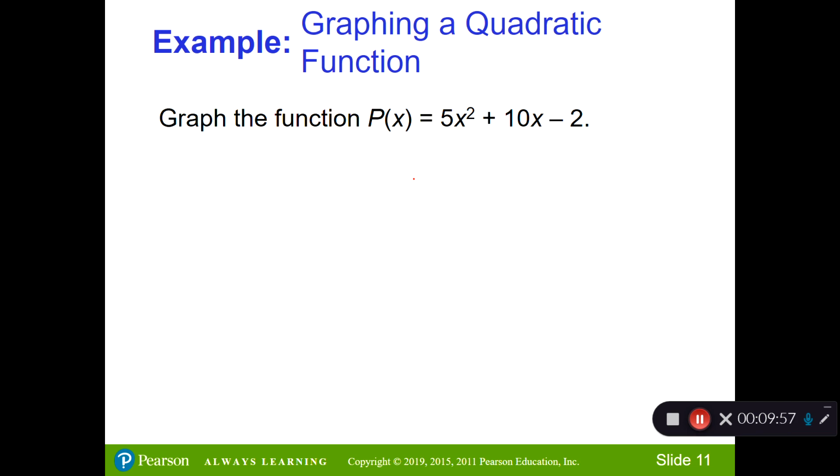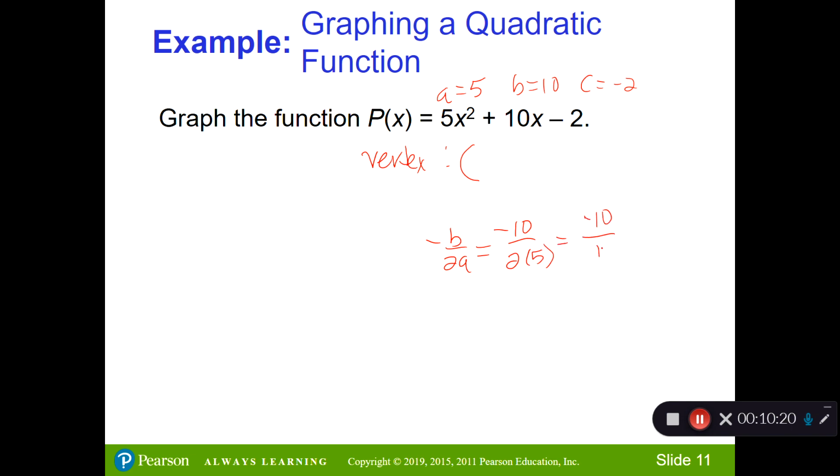So here, my vertex, the x coordinate is negative b over 2a. So this is a is 5, b is 10, c is negative 2. So if I look at negative b over 2a, negative 10 over 2 times 5 gives me an x-coordinate of negative 1. Now, to find the y-coordinate, I plug negative 1 in here.